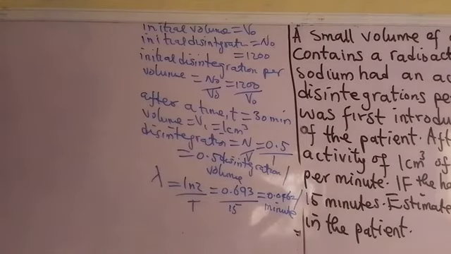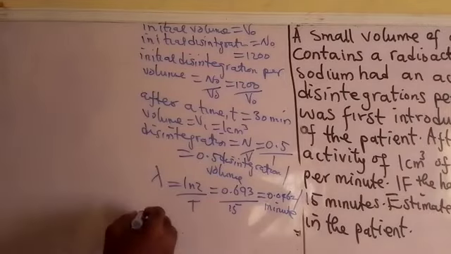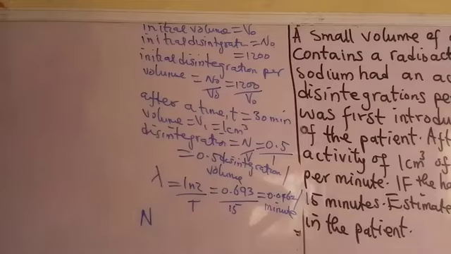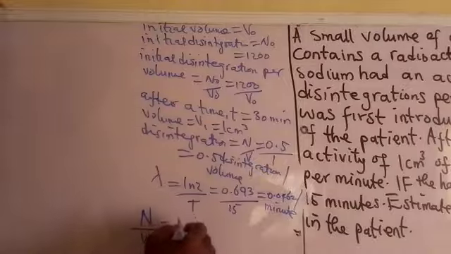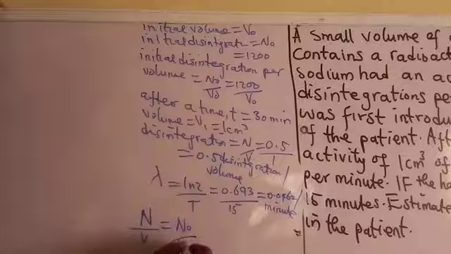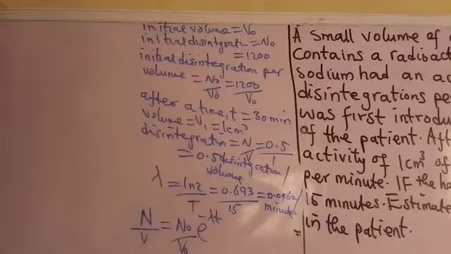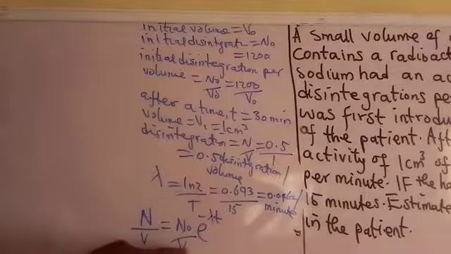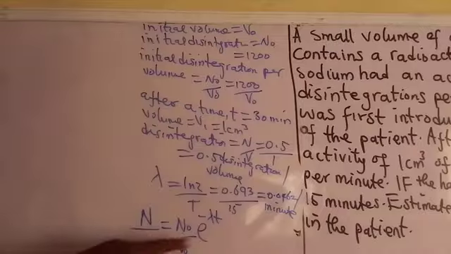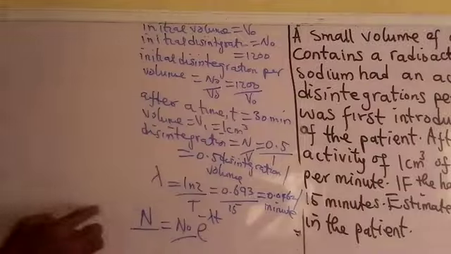Okay? Having found that, you can use this expression. The activity after 30 minutes per volume is equal to initial activity per initial volume times exponential minus lambda t.